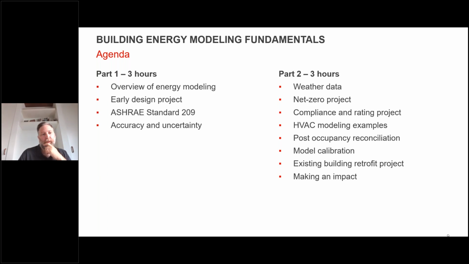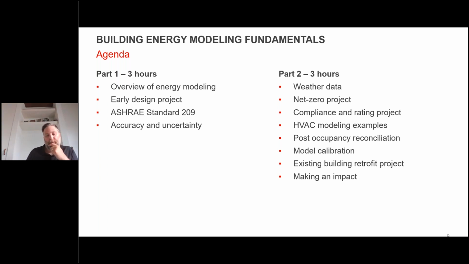So today we're going to run through the overview. We'll do a fairly extensive section of what is energy modeling? So it's kind of high level, and then getting down into a little more specific. We'll look at one early design project of how you would use modeling. We'll talk about ASHRAE 209, accuracy, uncertainty, and we're also going to move that weather section into the first part today. And then tomorrow is a bunch of examples.